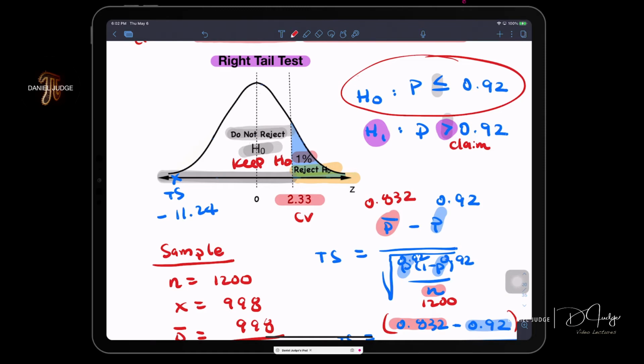You are keeping the null. So the sample is suggesting that the proportion is less than or equal to 92%. That's what the sample is suggesting. So do not reject the null. Keep the null. If you're keeping the null, you are getting rid of the alternate, because the sample was suggesting that you keep the null statement. And if you get rid of the alternate, notice you're getting rid of the claim.